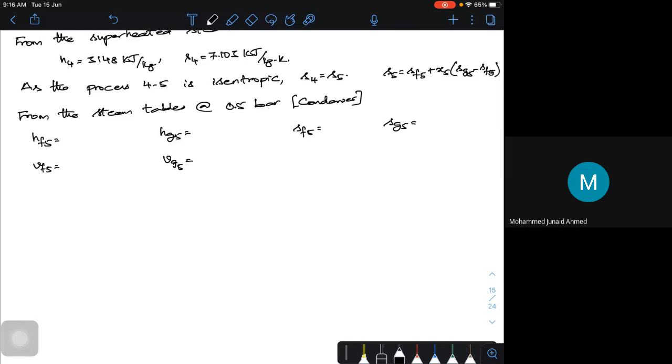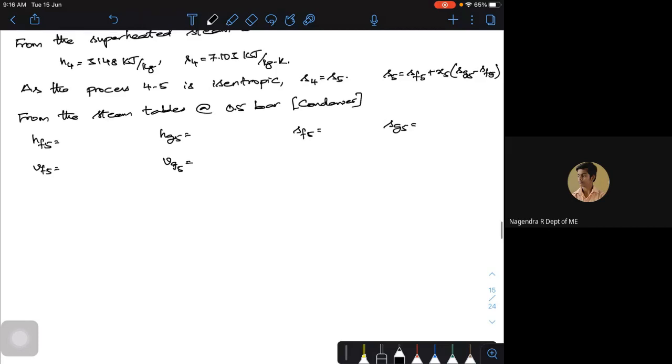So tell me the values of HF5. 340.6 kilojoules per kg. What is HG5? 2646 kilojoules per kg. What is SF5? 1.091 kilojoules per kg degree Kelvin.